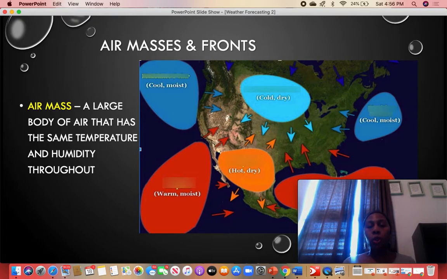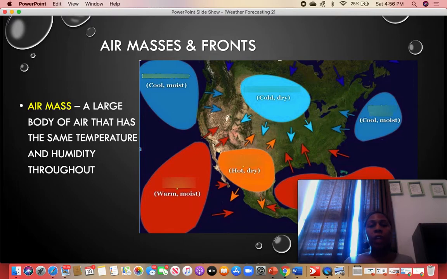Obviously, the cooler and colder air masses are going to be further north, and then the warmer and hotter air masses are going to be south. Also notice that air masses that are dry are over the land, and then air masses that have moisture are over the water.